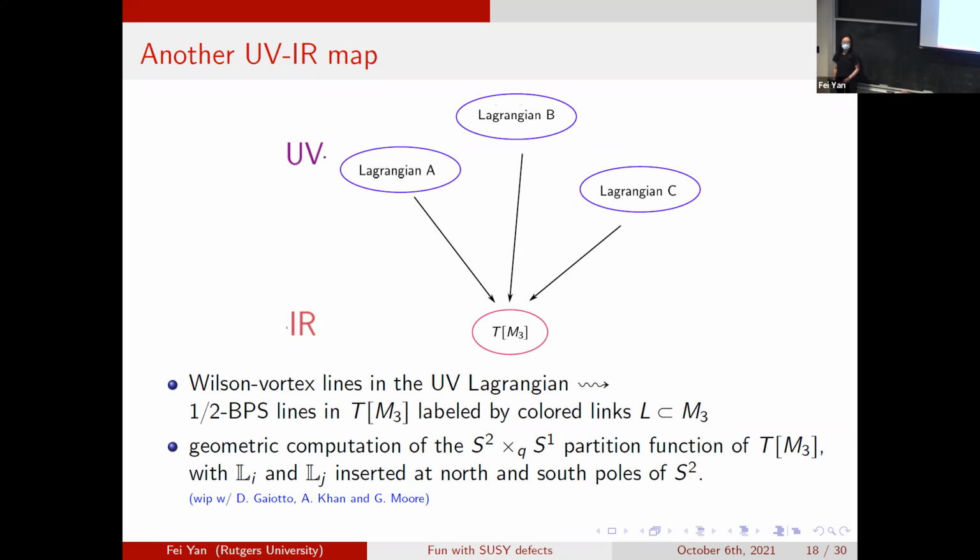Yeah, there's some work. For example, the Wilson lines can be mapped to vortex lines under mirror symmetry. But I don't think there's a systematic analysis. It's case by case.